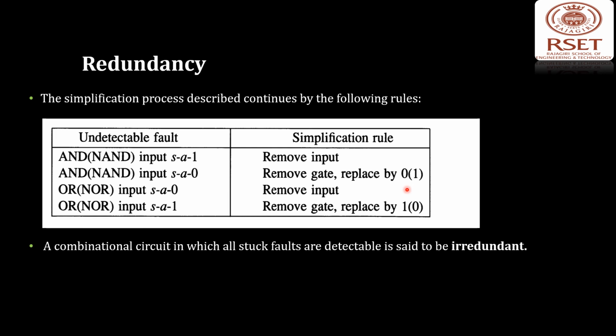Please have a look at it. So we can say that a combinational circuit in which all stuck faults are detectable is said to be irredundant. So redundancy can be removed by making use of these simplification rules. Hope this is clear.